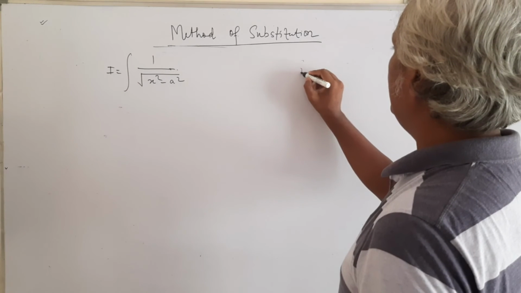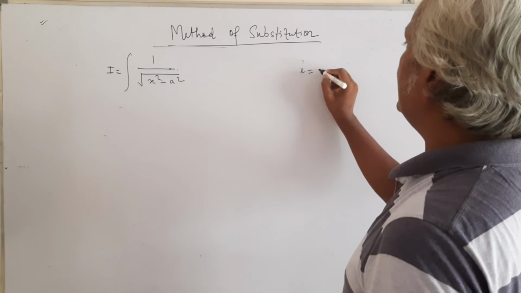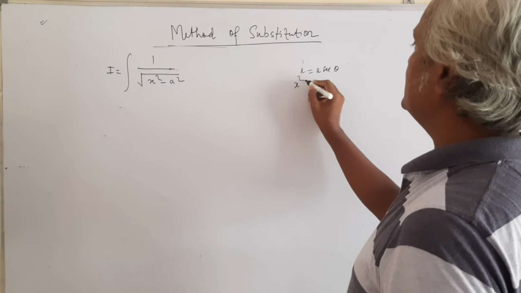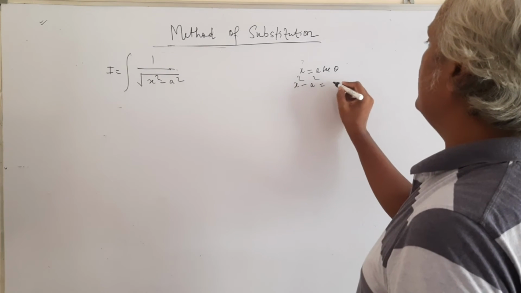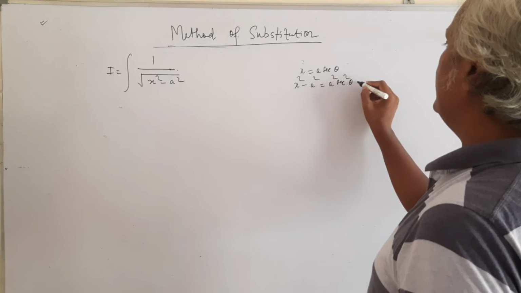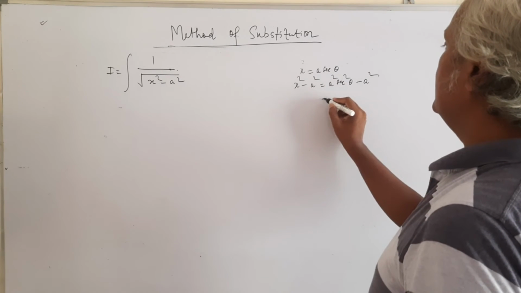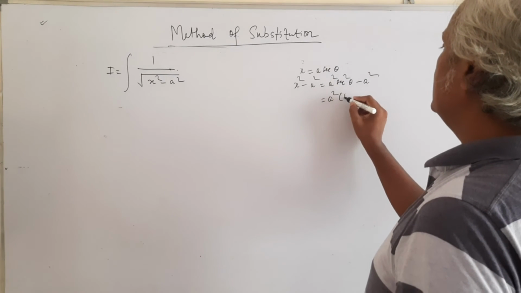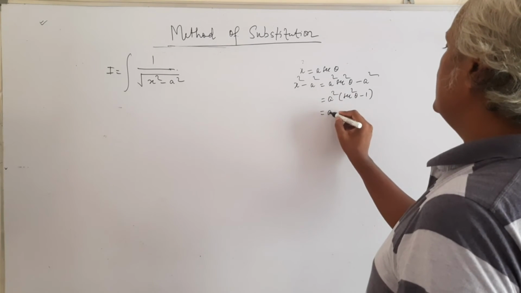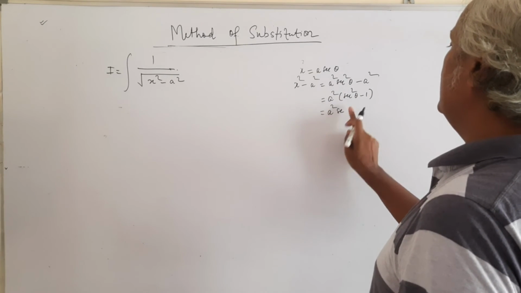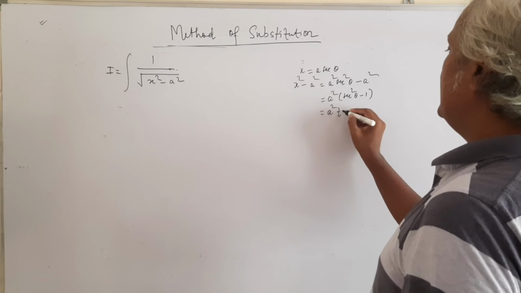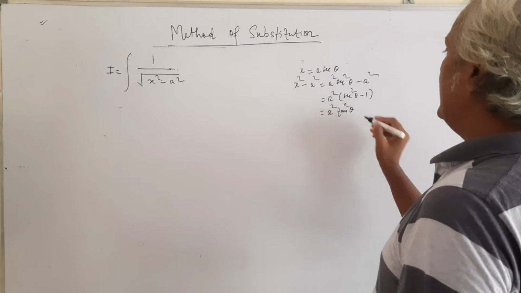So if you take x as a sec theta, then x square minus a square will become a square sec square theta minus a square. That is a square times sec square theta minus 1, which is nothing but a square tan square theta, because sec square theta minus 1 is tan square theta.